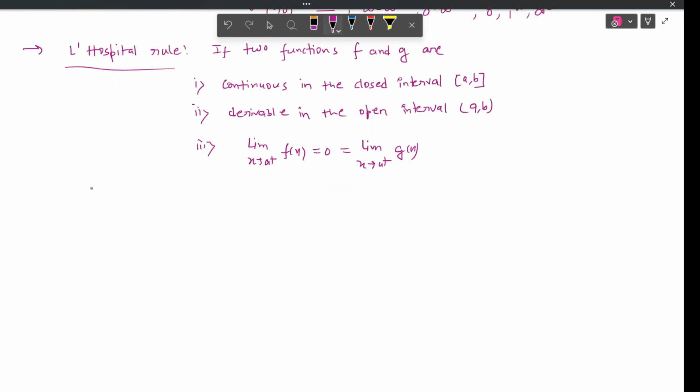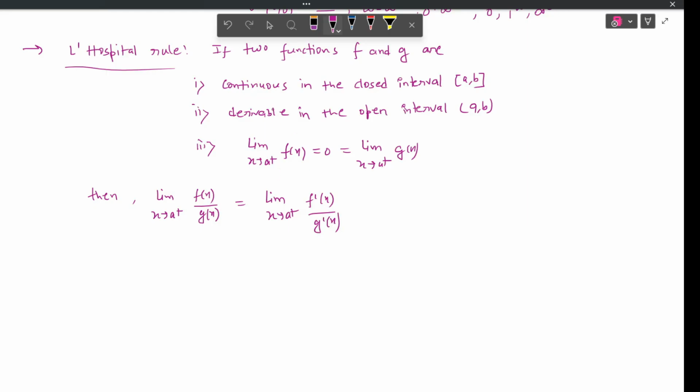then we can say the limit as x tends to a plus of f of x by g of x is equal to the limit as x tends to a plus of f dash x by g dash x.